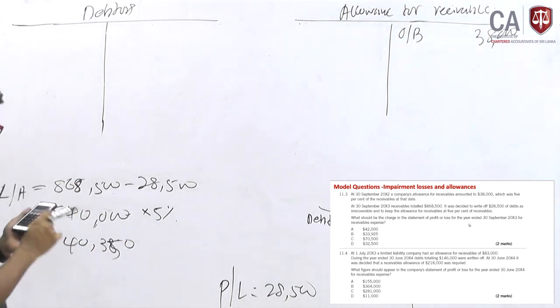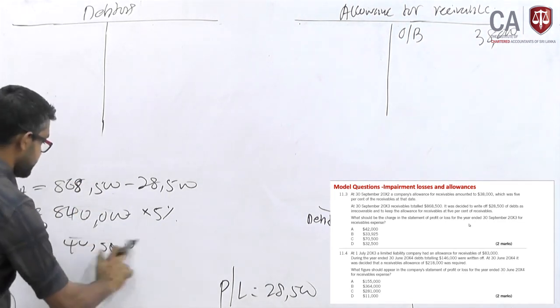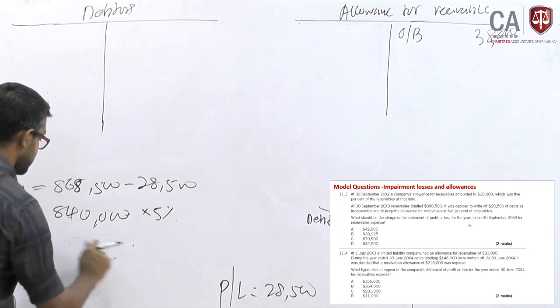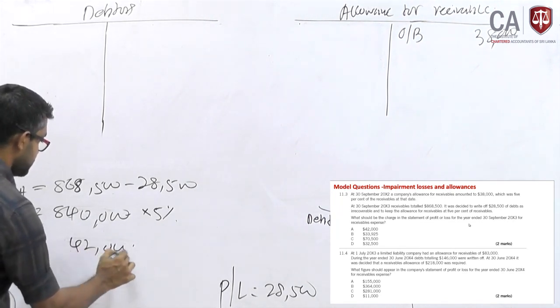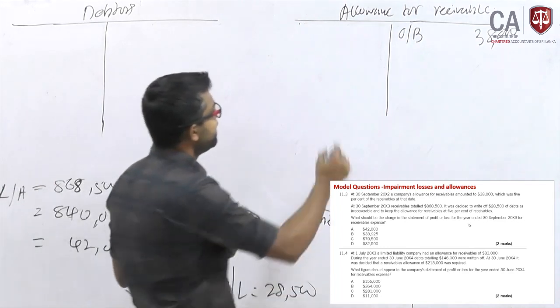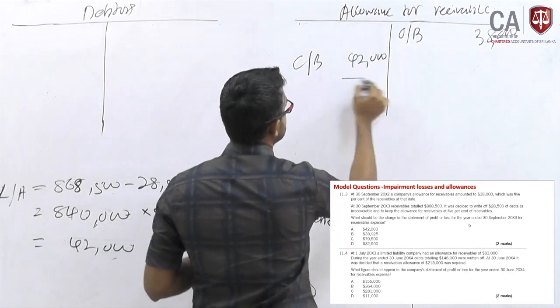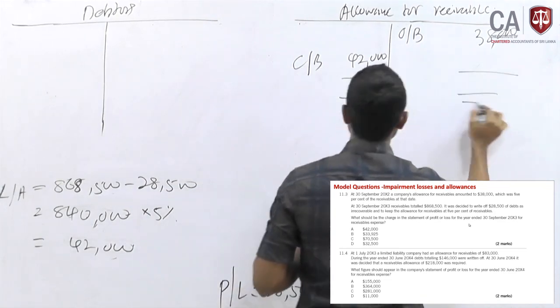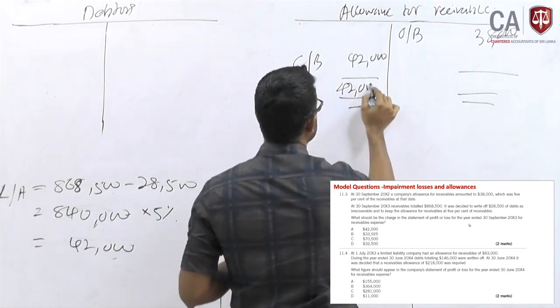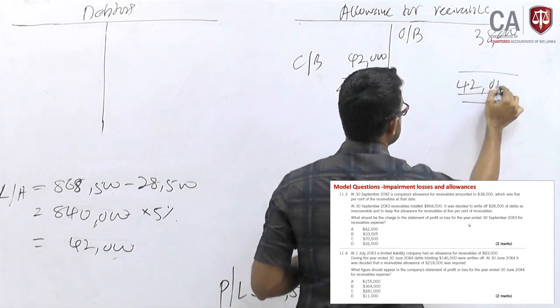You also make the same mistake, right? You have to be careful. 5% is 42,000, so the closing balance is 42,000.